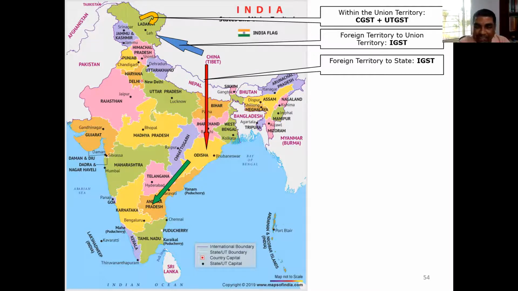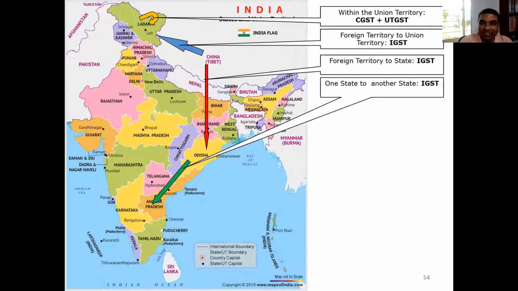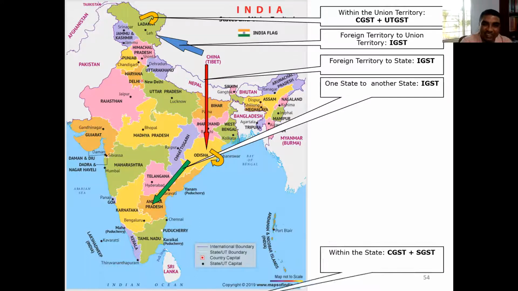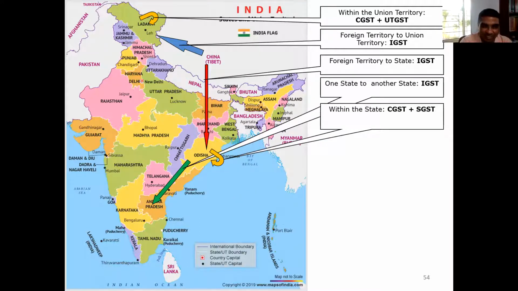IGST. One state to another state, IGST. Now, next, Odisha to Odisha. CGST plus SGST. Fantastic. Now you are seeing all your answers are coming to be correct.